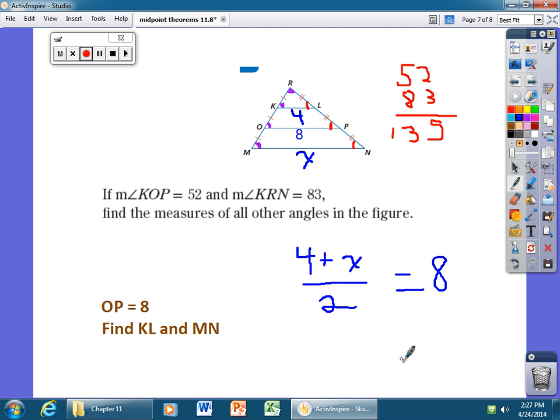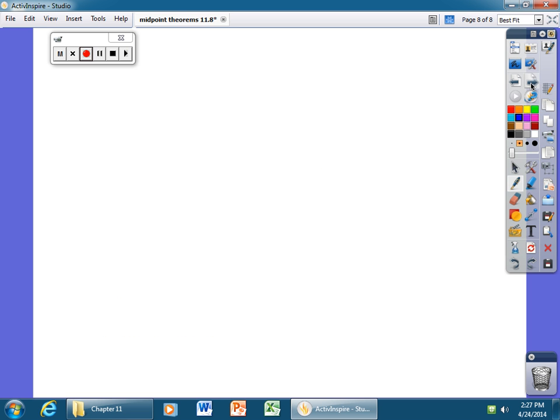So I'm going to use what I know about math: this up here is going to have to equal 16 because 16 divided by 2 is 8. And to make this equal 16, this side is going to have to be 12, because 12 plus 4 is 16, and 16 divided by 2 is 8. So notice on this problem I used not only the triangle midsegment theorem, I also used the trapezoid midsegment theorem.